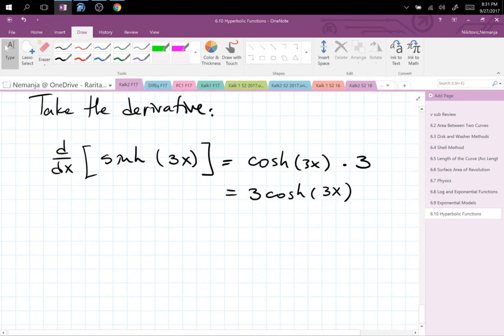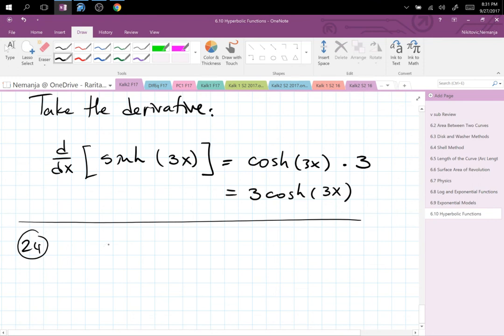I want to take a look at a few formulas, also a few problems from the textbook. So let's do 3 or 4 of these guys. The first one is number 24.